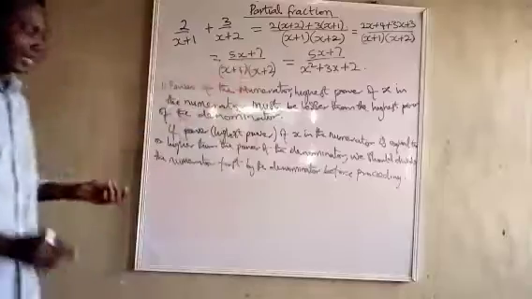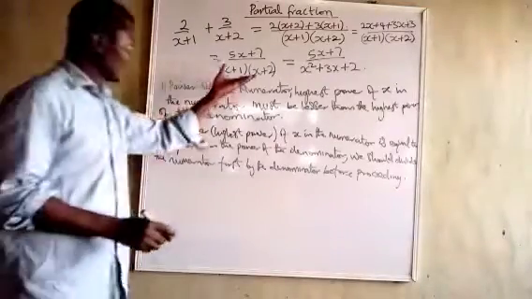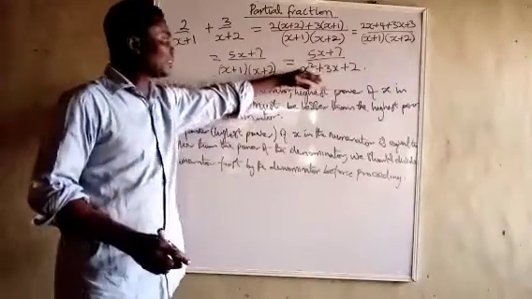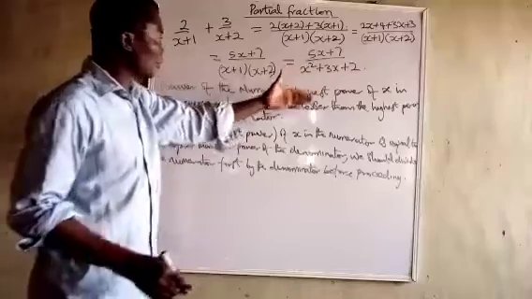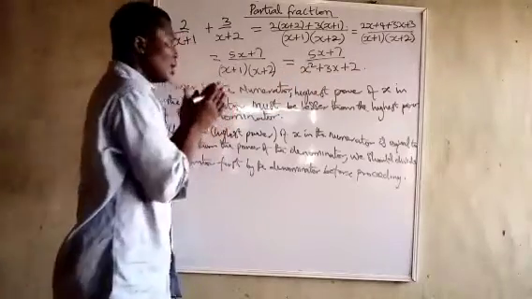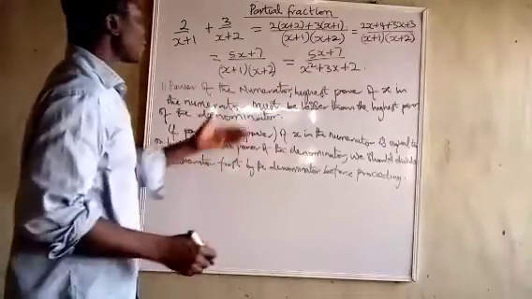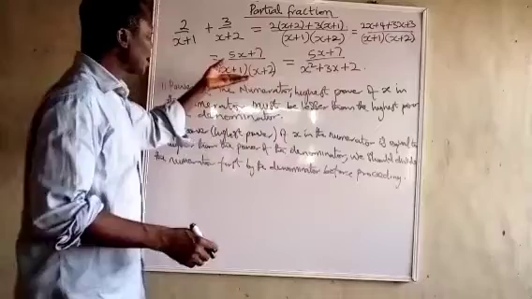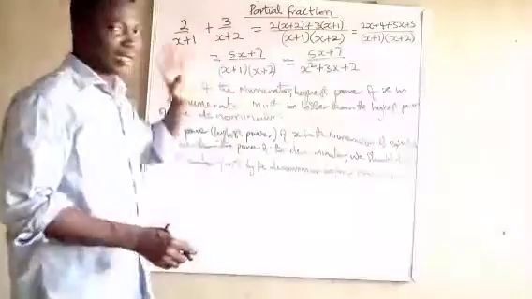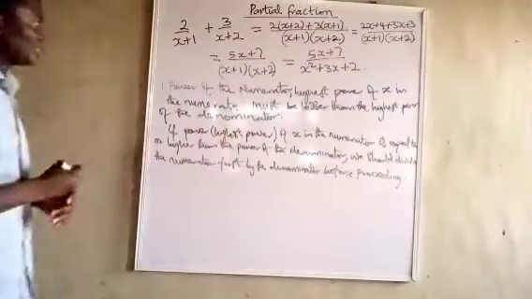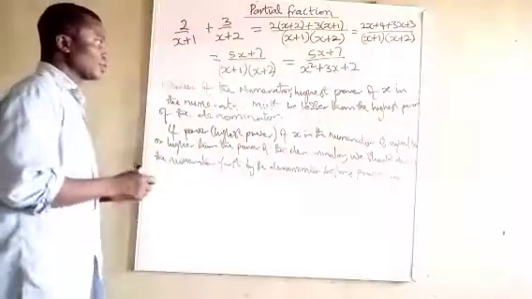Now, from the example we did, we realize that you might be given the denominator in this expanded form, or in factorized form. So if we are not given the denominator in the factorized form, we have to factorize it to get the separate fractions we are going to have.